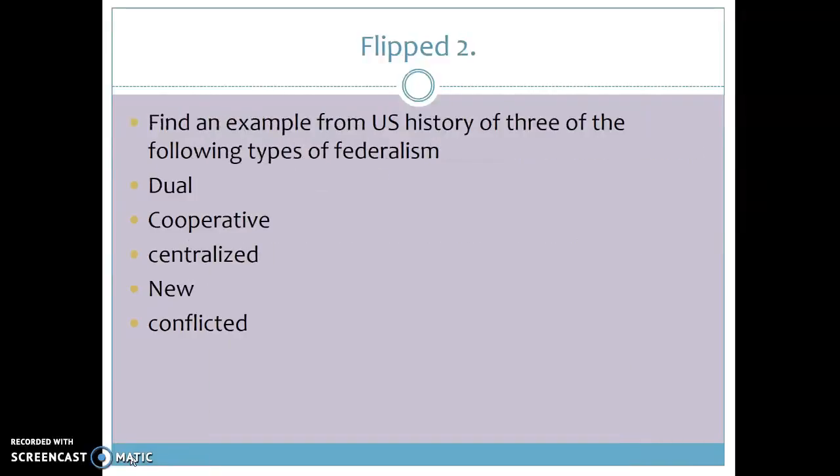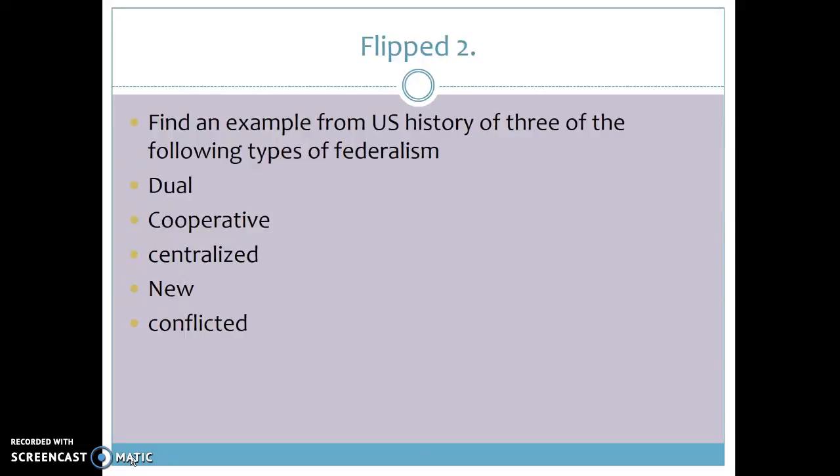The second thing is I would like for you to find an example from U.S. history of 3 of these types of federalism. So, for example, an example that I gave in the lecture just now for centralized federalism would be Johnson's Great Society.